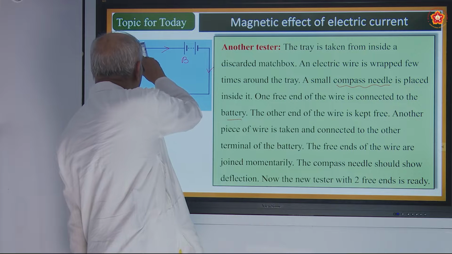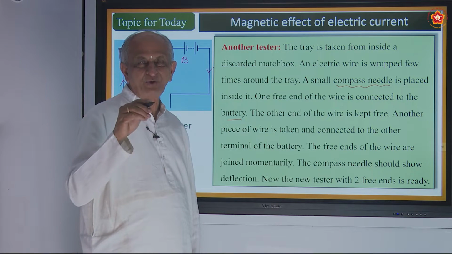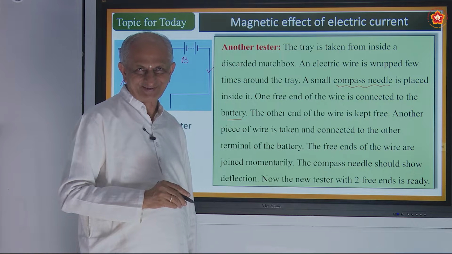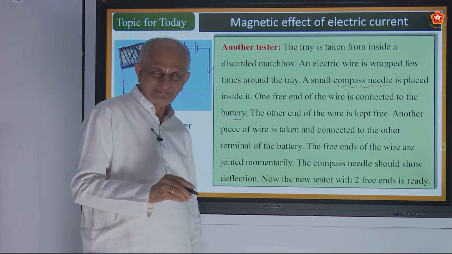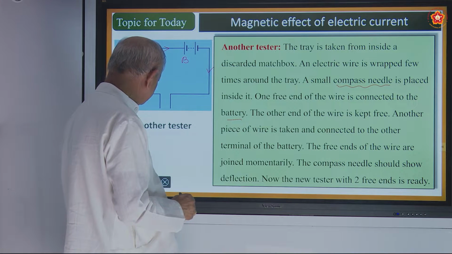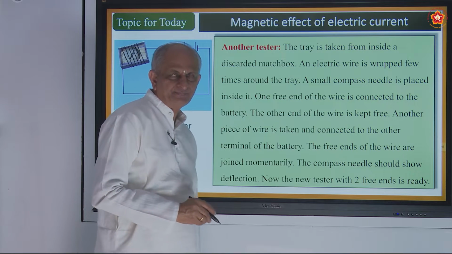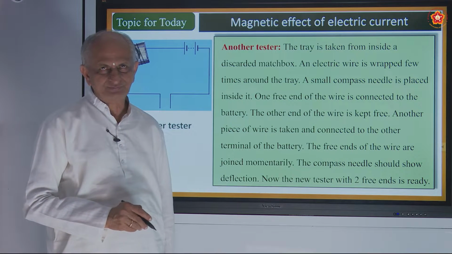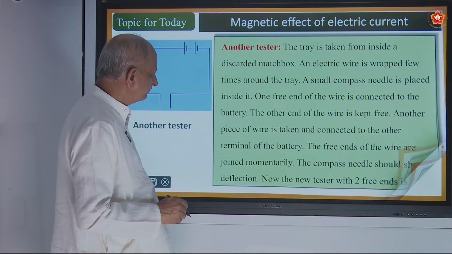This deflection in the compass needle shows that there is a flow of electrons. Whenever there is a flow of electrons in a wire, the magnet gets deflected. So this is another kind of tester. It is very sensitive. A small amount of current will also be detected by this.